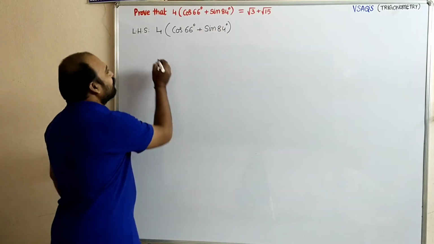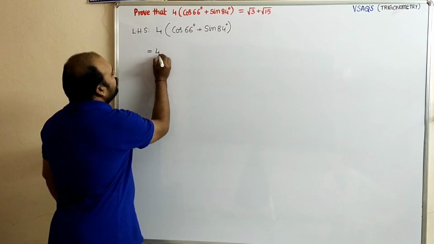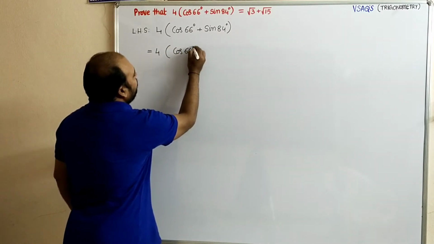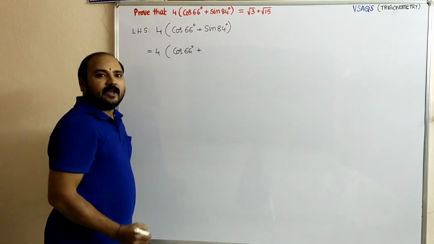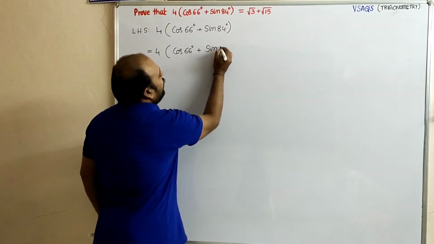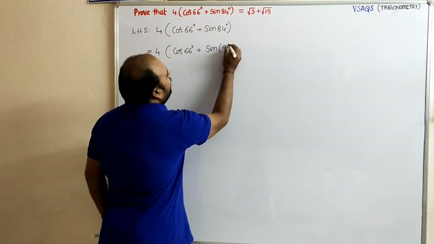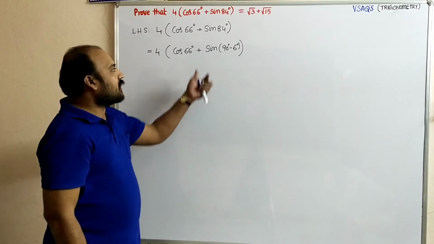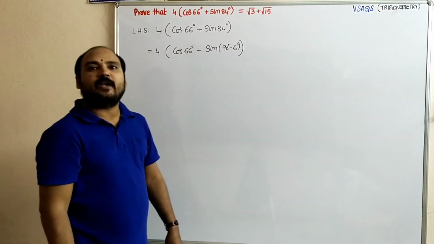See here, 4 into cos 66 degrees plus sin 84 can be written as sin of 90 degrees minus 6 degrees. The meaning cannot be changed. Sin 84 can be written as sin 90 minus 6.